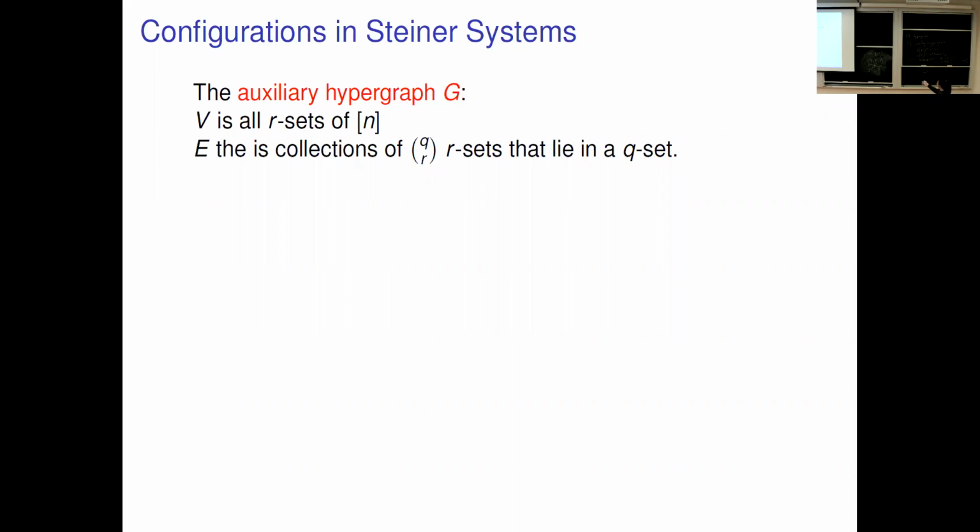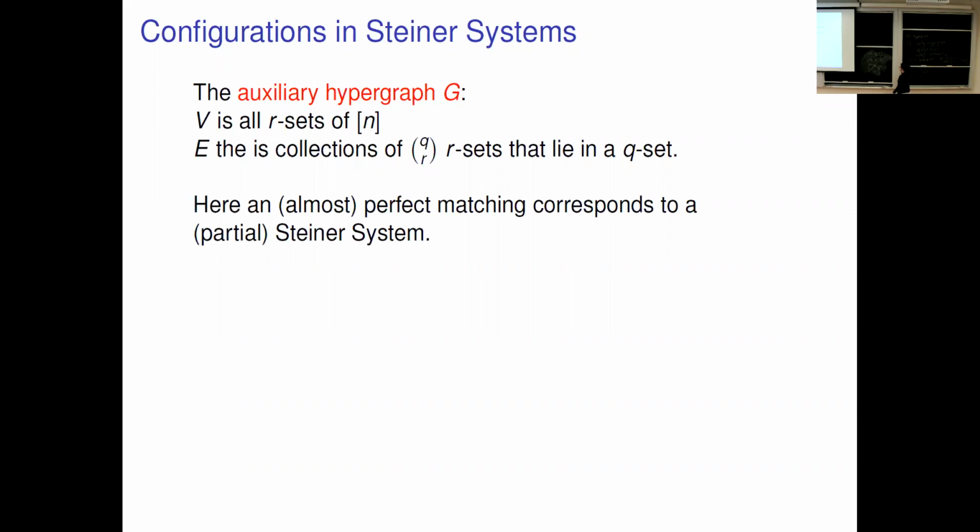So what's the point of doing this construction? Well, when we take a matching in this context, what are we doing? We are selecting some number of Q element sets, and that's what we want to do with a Steiner system or a partial Steiner system. But they're Q element sets with the property that each R element subset lies in at most 1.